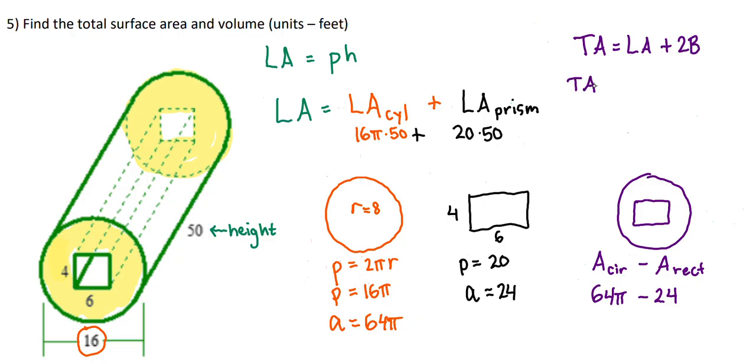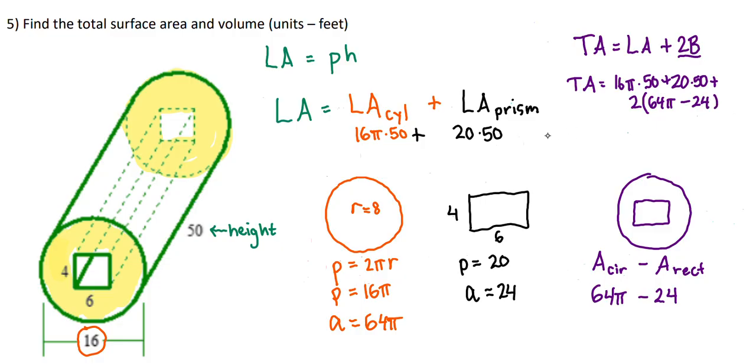So then our total area is going to be lateral area, which is 16 pi times 50, plus 20 times 50, plus 64 pi, double that, because two bases, minus 24.